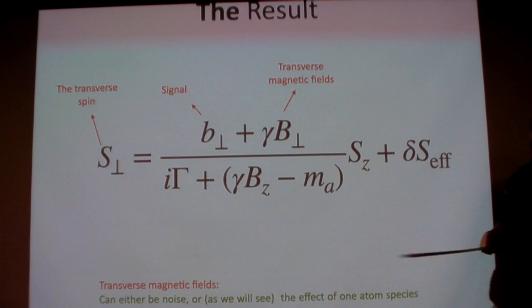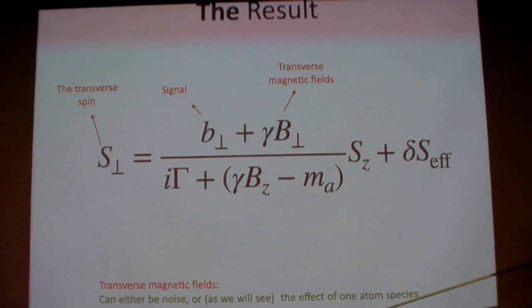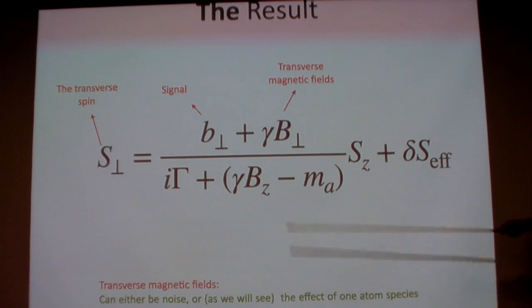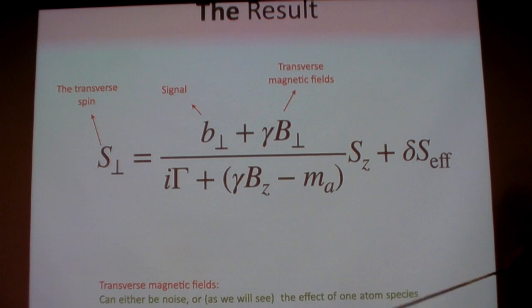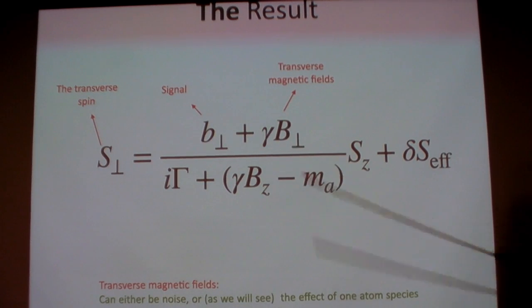They're going to apply magnetic fields on one another, and this is going to be mapped into this object. It is important to note that this object is proportional to the gyromagnetic ratio, and some objects that we're going to look at are going to have a gyromagnetic ratio that is 100 times bigger than other ones. So the fact that there's a proportionality factor here is going to be important to understand which objects are more or less sensitive to magnetic noise.